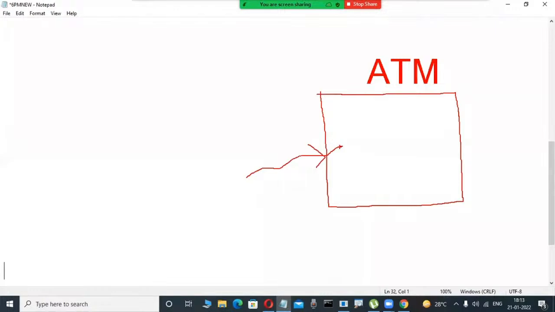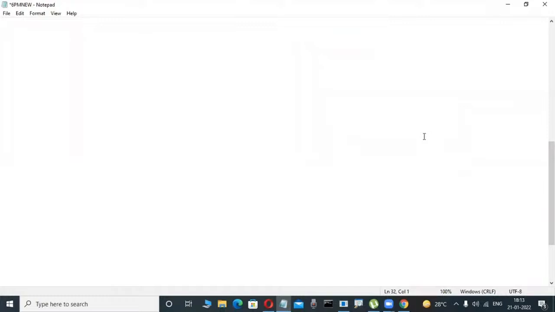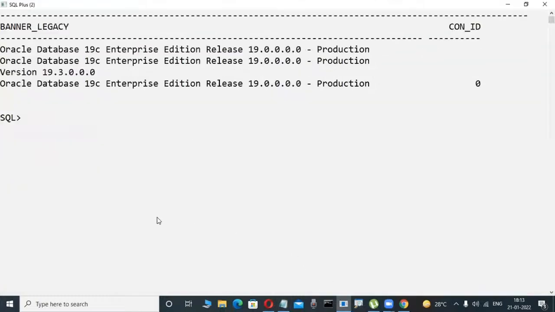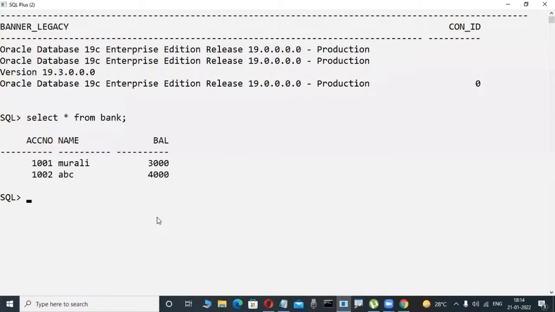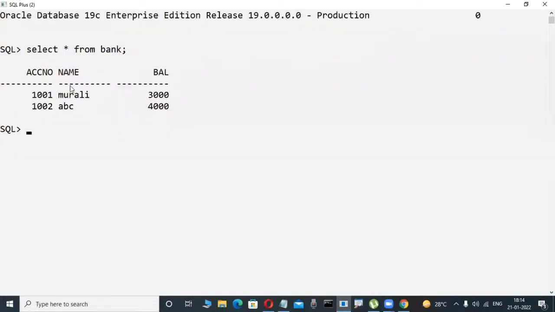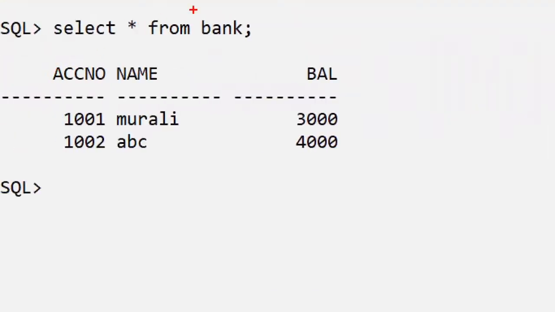Now check it out, slowly observe the screen. Suppose in this database, bank is a table, for example. Just observe the scenario, it is very easy to understand.